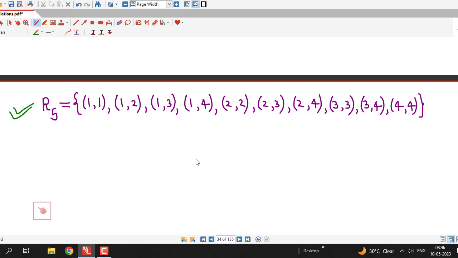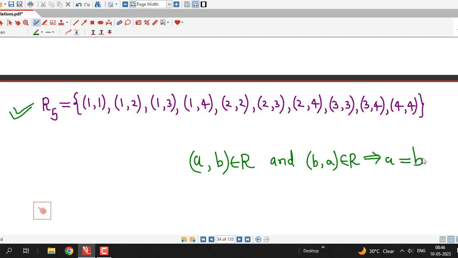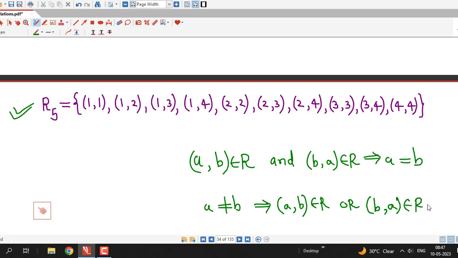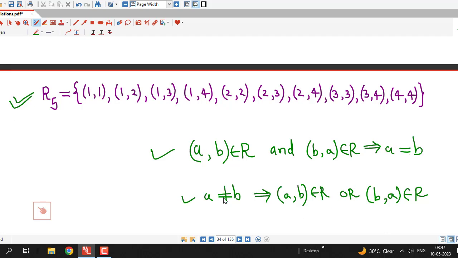So in general, remember this definition: a relation is said to be antisymmetric whenever (A,B) belongs to R and (B,A) belongs to R implies A equal to B. In other words, if A and B are different, then either (A,B) does not belong to R or (B,A) does not belong to R. You can use either this definition or this definition, both are equal.